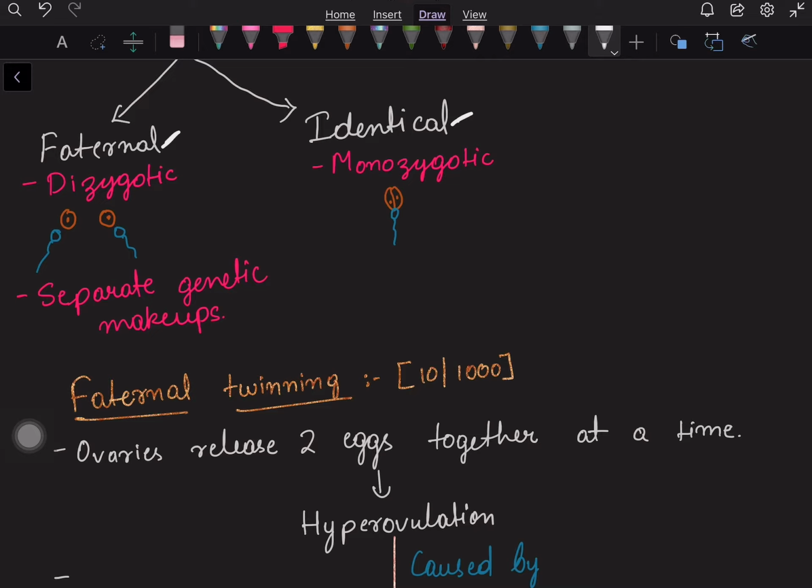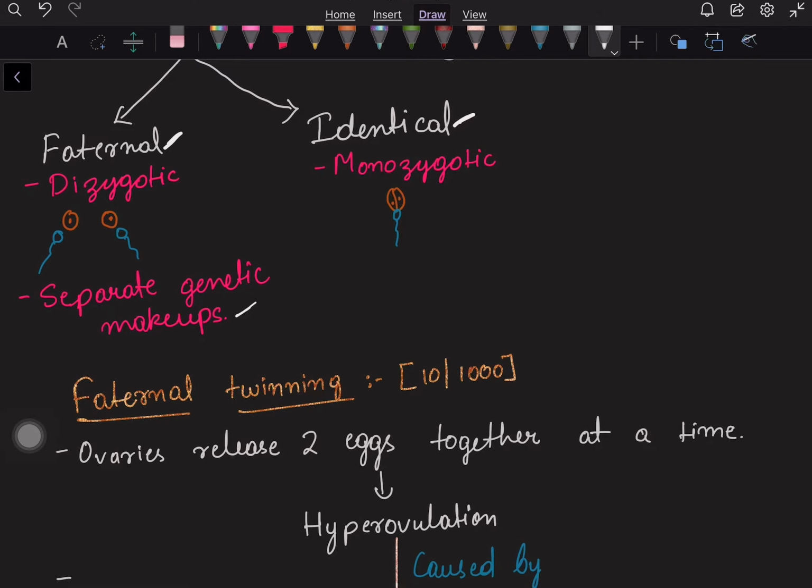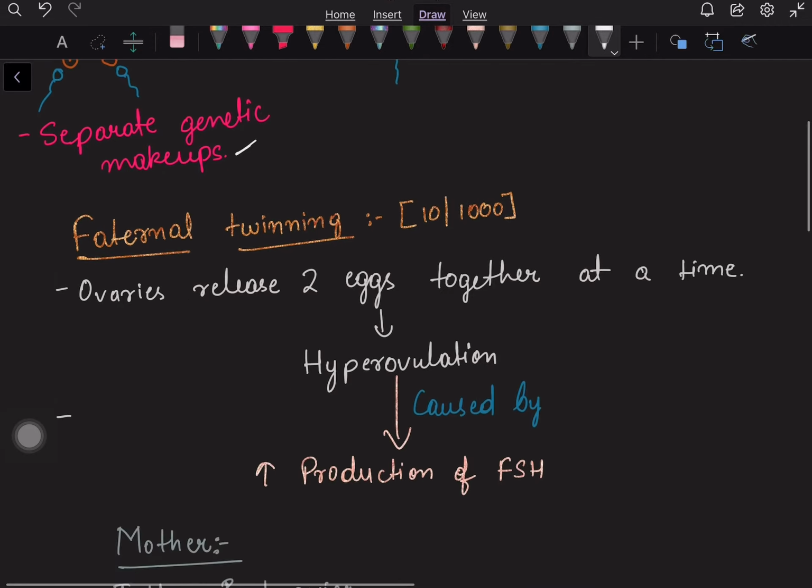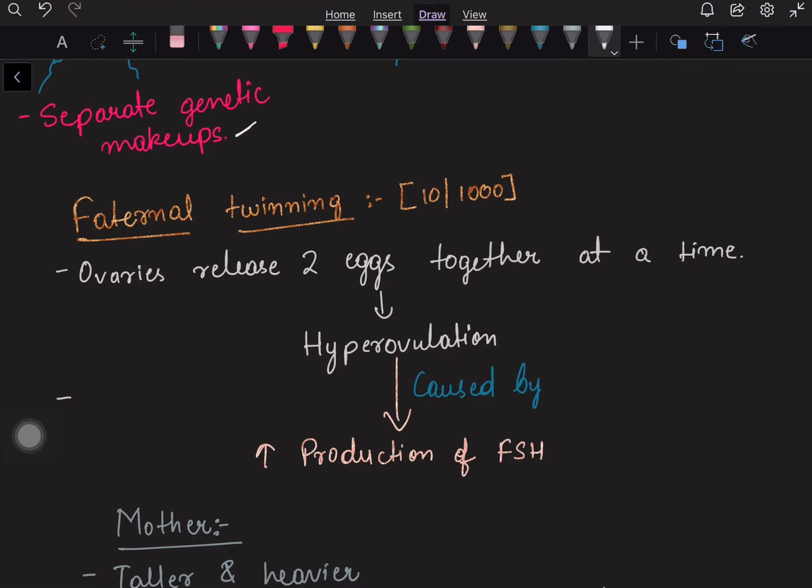As the fraternal one has different zygotes and different eggs, they have separate genetic makeups. That is, the siblings don't mostly look alike. While in identical, the siblings mostly look alike because the same egg is fertilized by a single sperm.